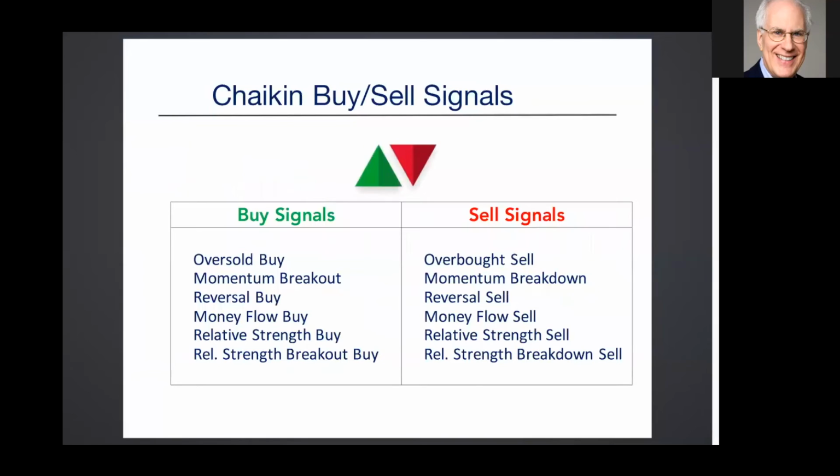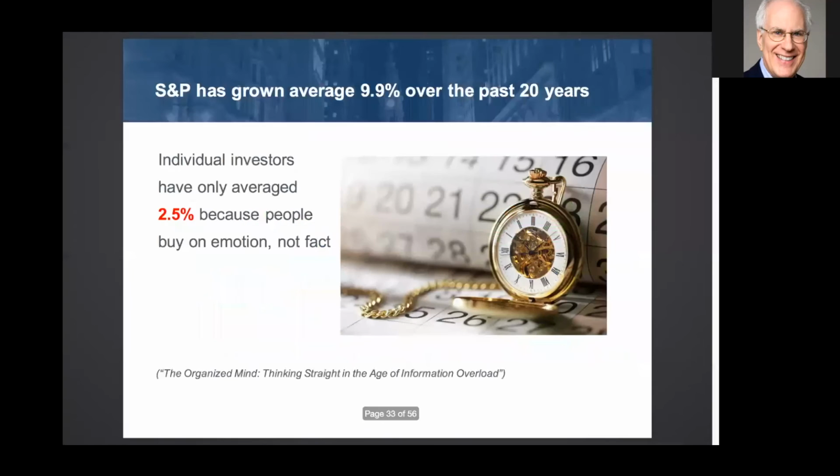Now, we've looked at money flow, buy and sell signals, relative strength signals. Our overbought, oversold signals are also great for swing trading because they have that 5 to 10 day time duration as well. So 6 pairs of buy and sell alerts. And the reason they're important is because people tend to buy on emotion.